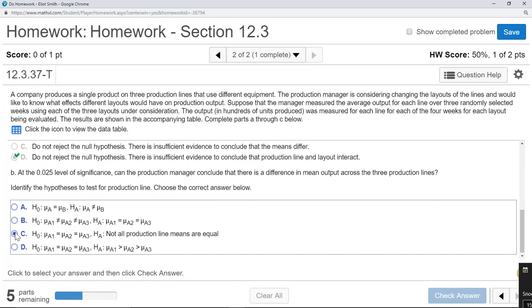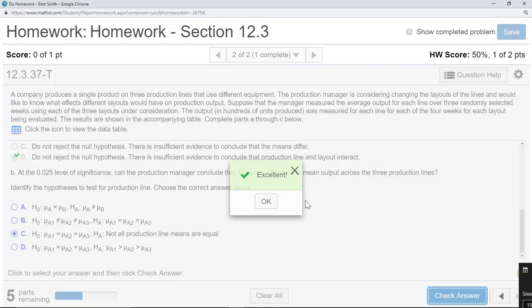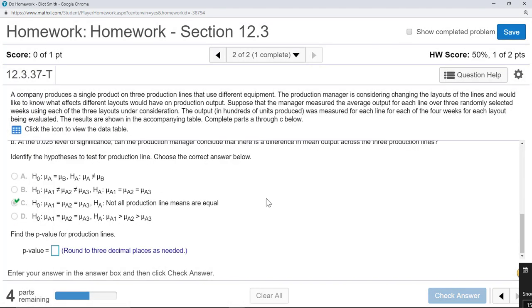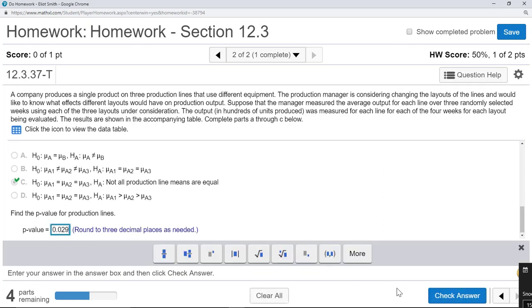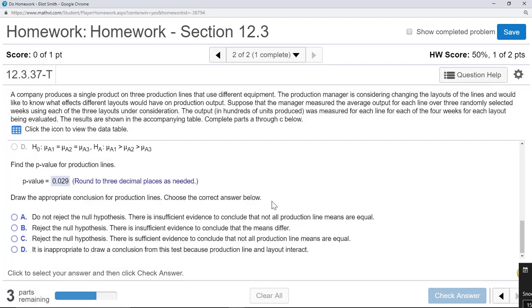There's 3 production lines, so the mu of each production line being equal would be the null hypothesis, and they're not all equal would be the alternative. Now find the p-value for the production lines, which we already got. There we go. P-value less than alpha. Alpha is 0.025, so this is larger, so it's do not reject.